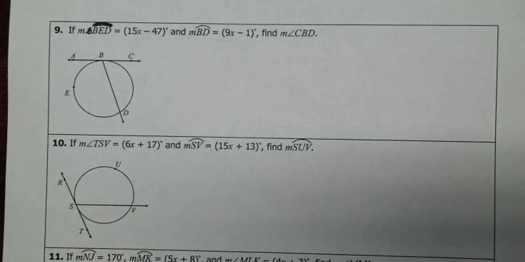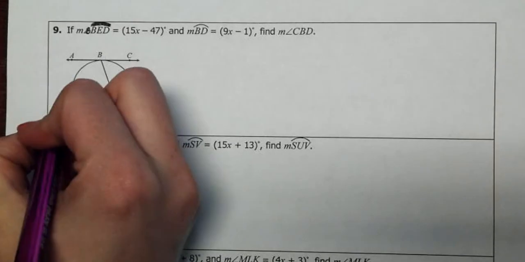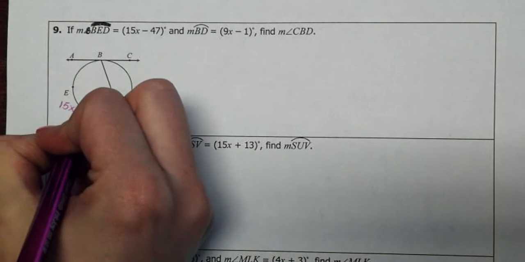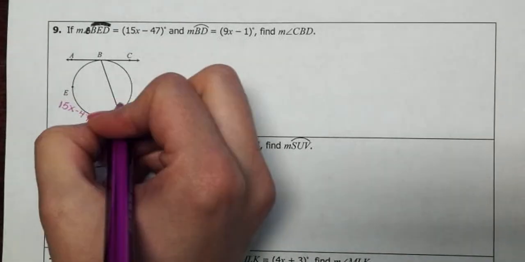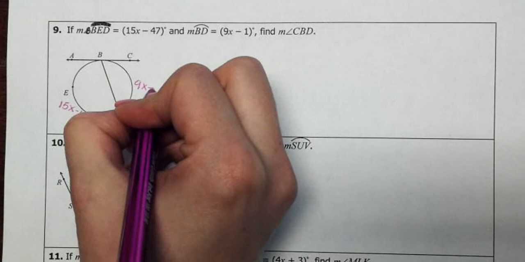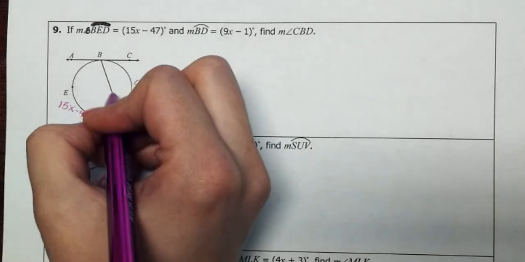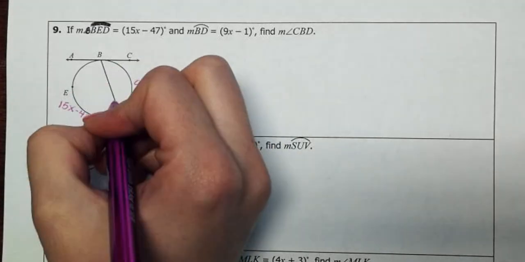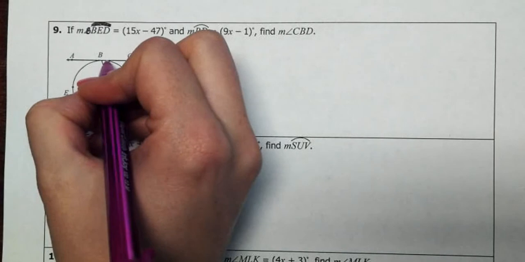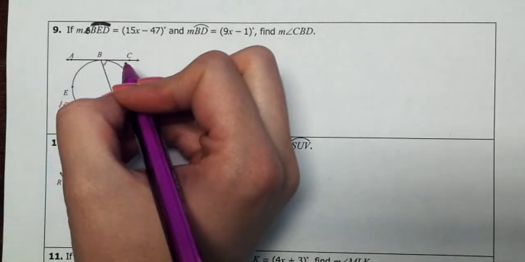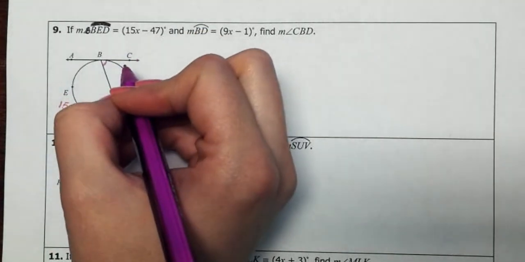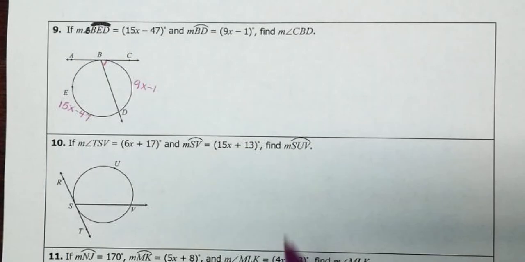Okay, so this should be 15x minus 47. Arc BD should be 9x minus 1, and it's asking for the angle CBD. So this is the angle.